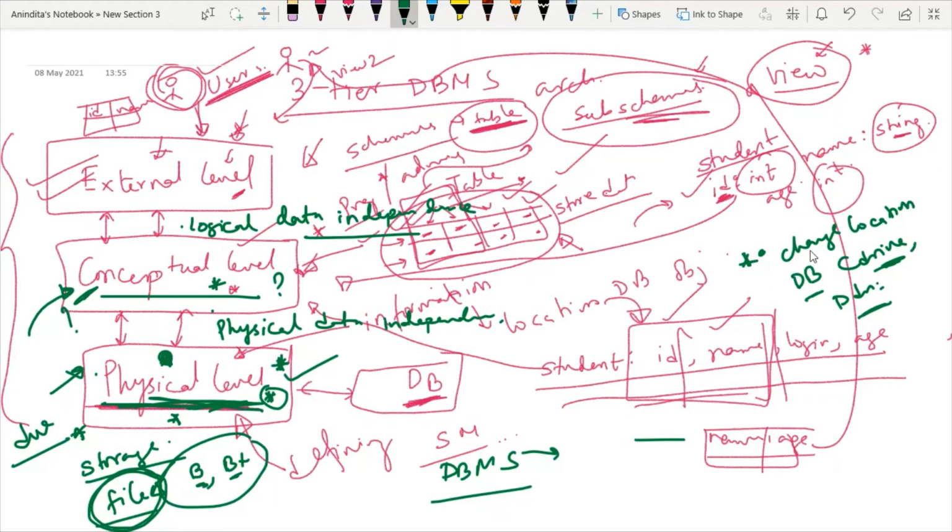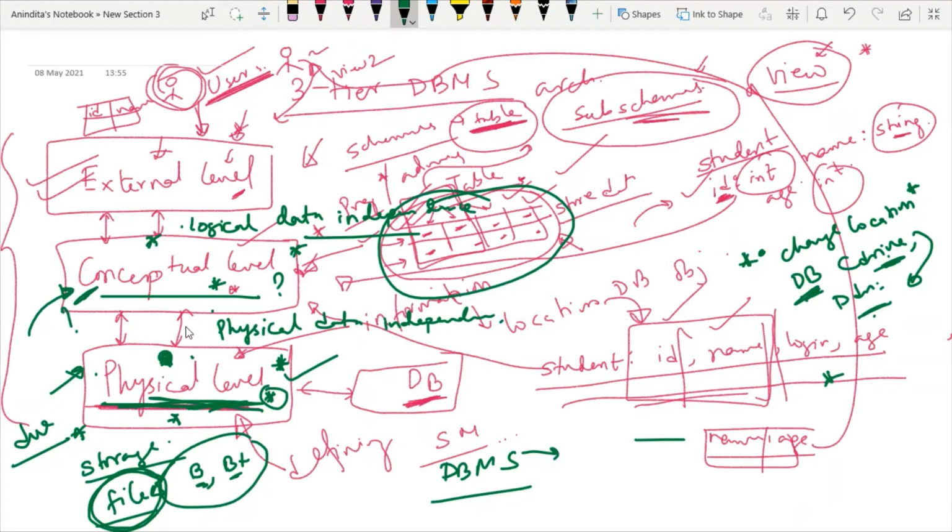So at the physical level, whatever database we have, if I change its location from one drive to another drive, this change will not affect the table storage of the conceptual level. Means the conceptual level will not be aware of this change. What is the second kind of change we could expect at the physical level?